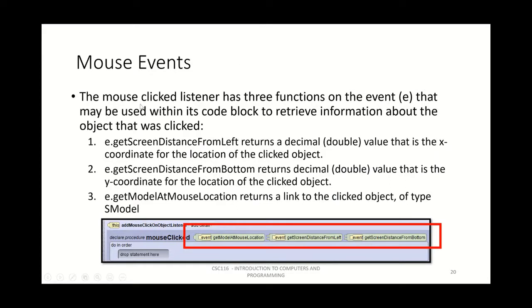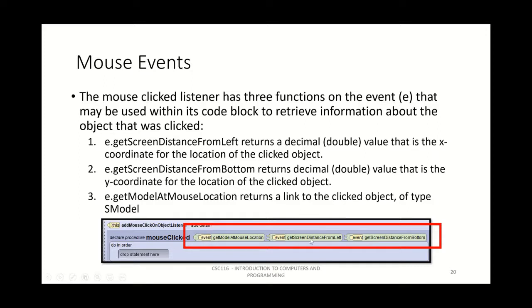And the mouse click listener has three functions. We can choose any function here, but the most commonly used is the first function, which is event get model at mouse location, meaning what will happen when you click on a certain object.